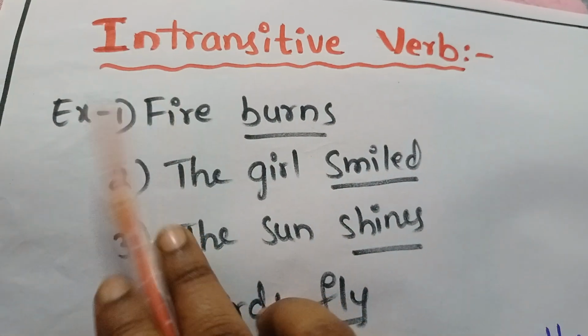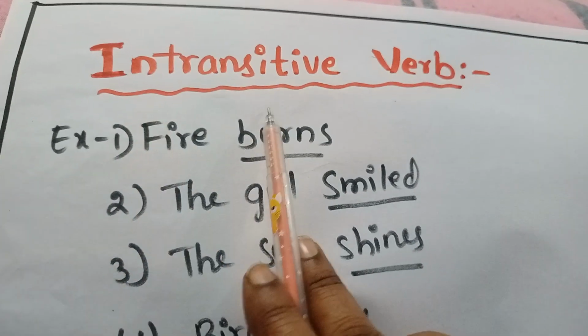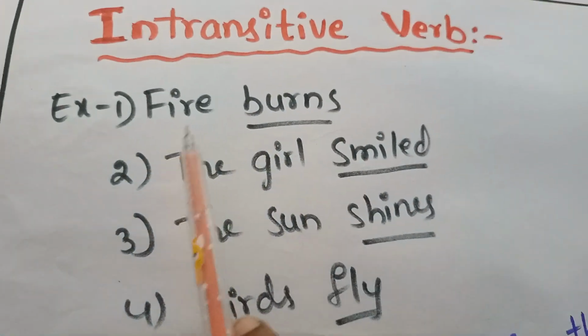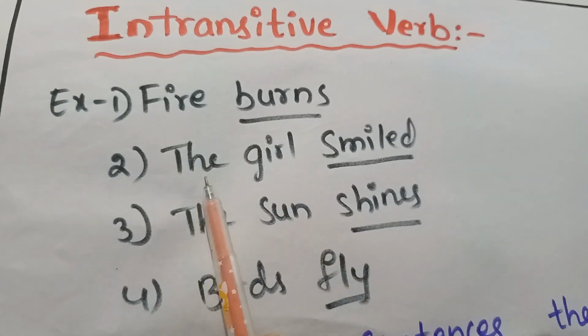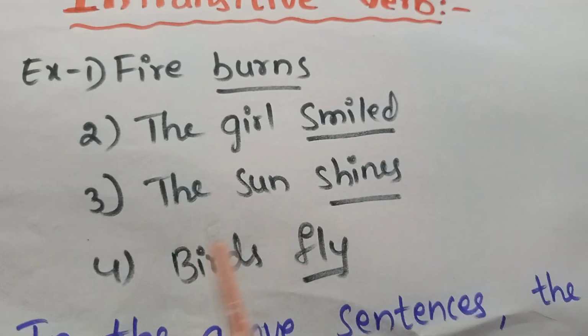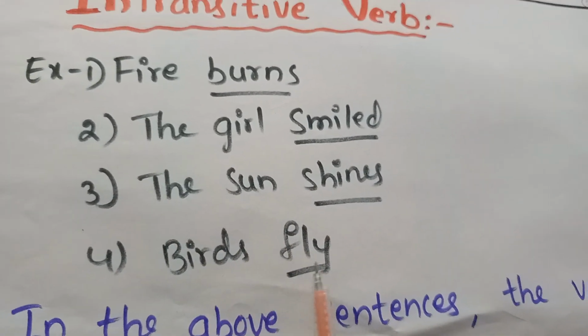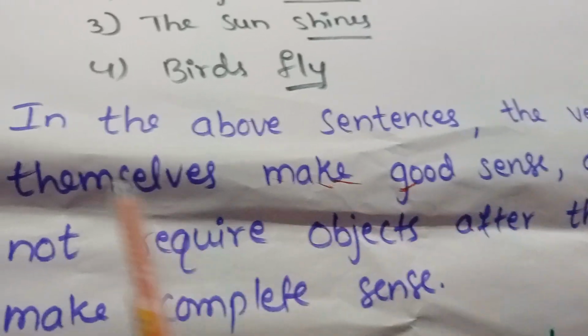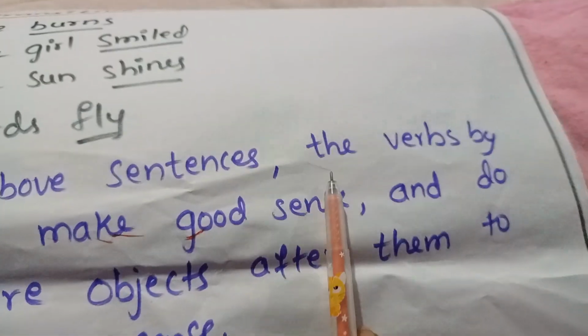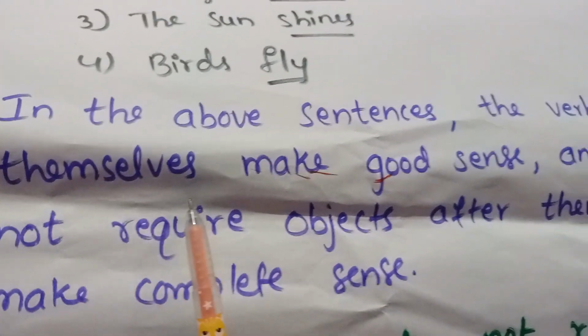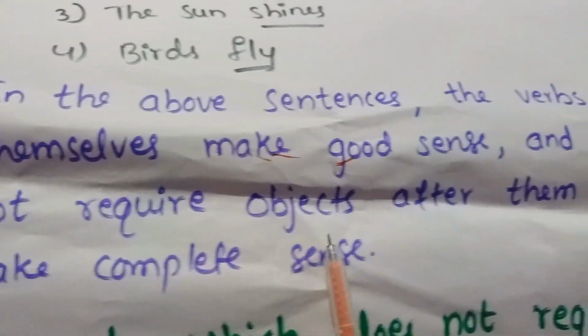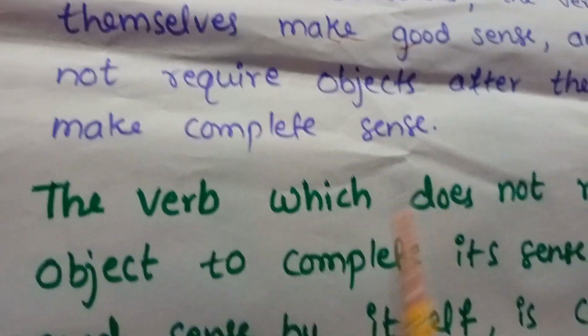Now let us see about intransitive verb. Examples: fire burns, the girl smiled, the sun shines, birds fly. In the above sentences, the verbs by themselves make good sense and do not require objects after them to make complete sense.